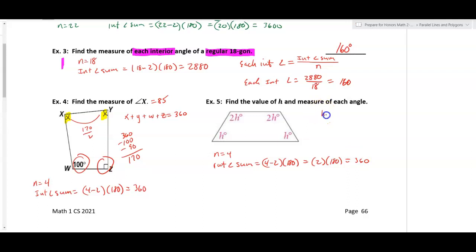So I know H plus 2H plus 2H plus H equals 360. So that's 2, 4, 5, 6H equals 360. So H is equal to 60. Well, if that's 60, that angle's 60, that angle's 60. 2 times 60 would give you 120, and this would be 120.